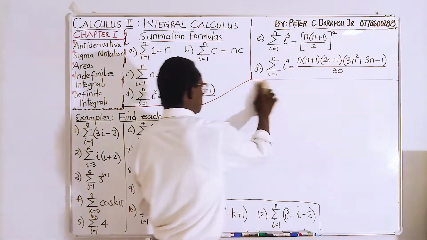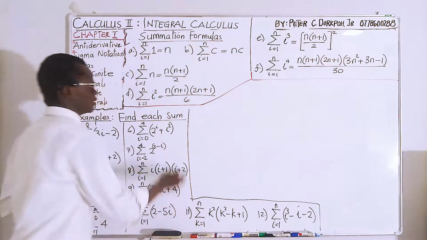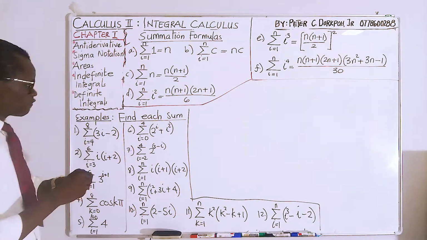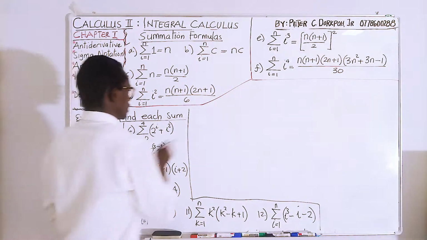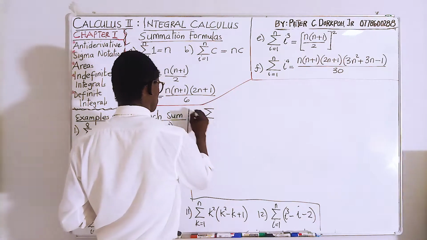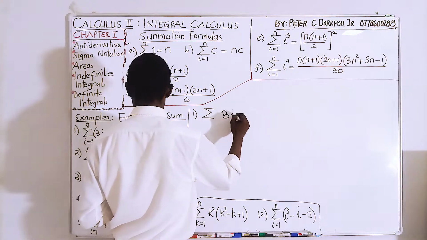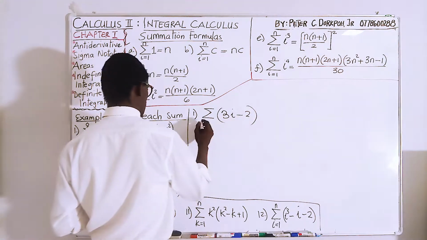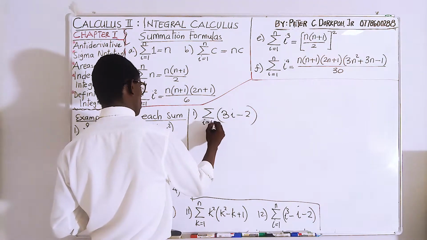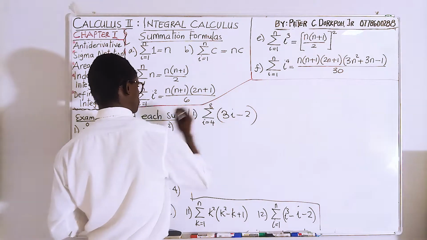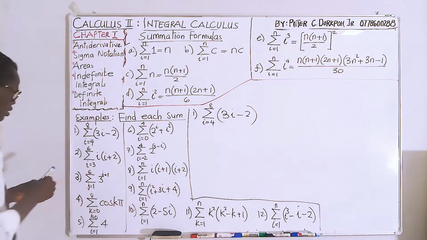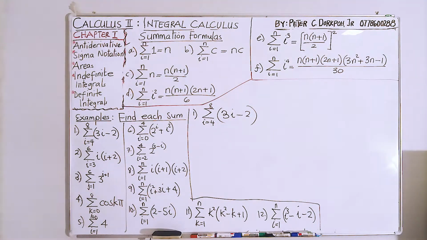So let's apply these formulas. The first problem says the summation of 3r minus 2 as r goes from 4 to 8. Let's apply these formulas.